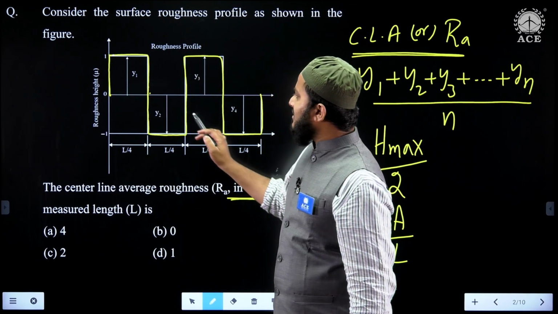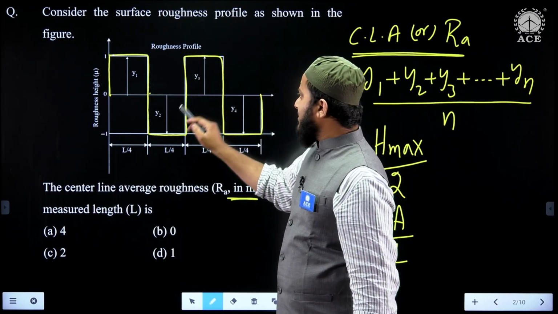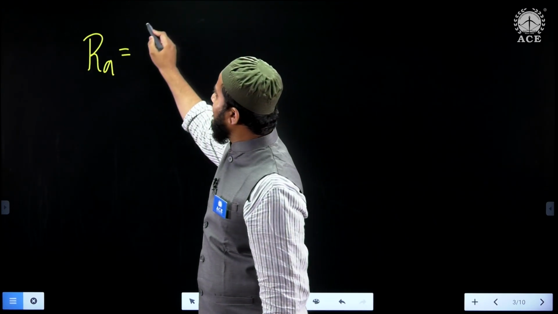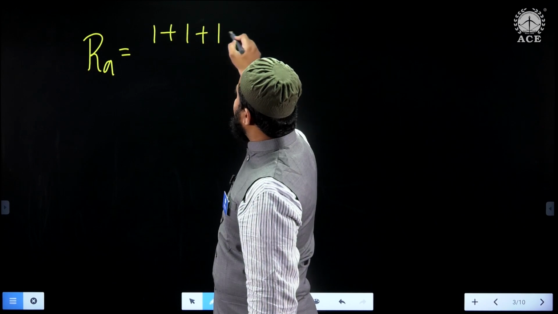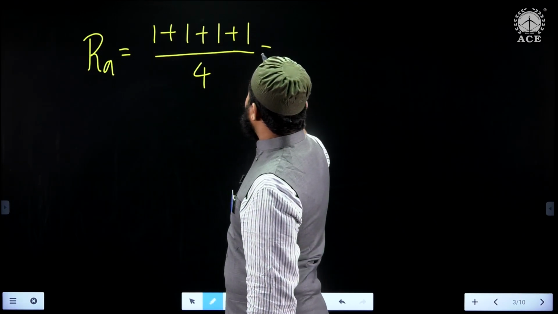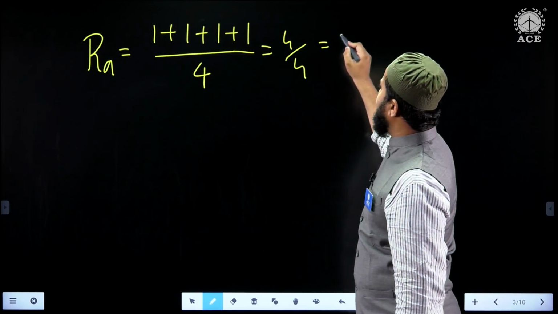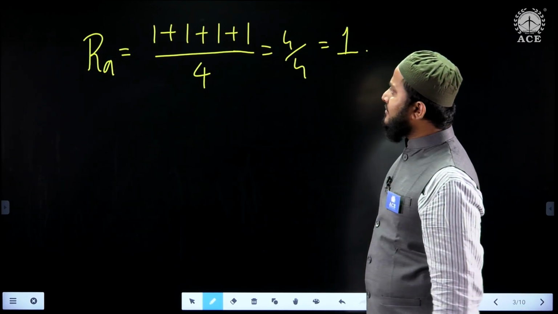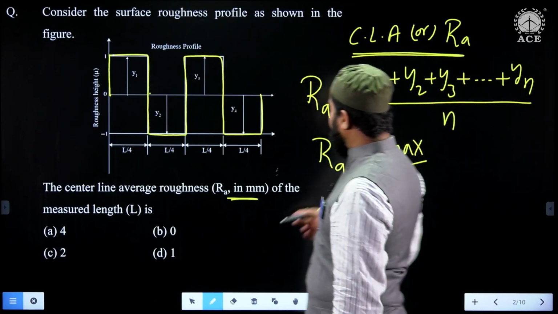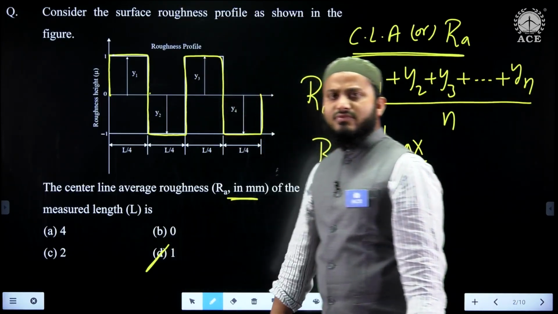Minus sign does not matter here. Simply you need to add the y1, y2, y3, y4 values. So 1 plus 1 plus 1 plus 1, 4 times 1, by the total number of peaks and valleys, which is 4. So it will be 4 by 4. The answer will be 1. So based on this first formula, the answer is 1.